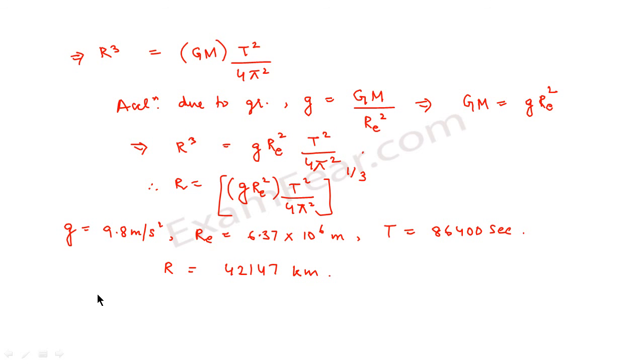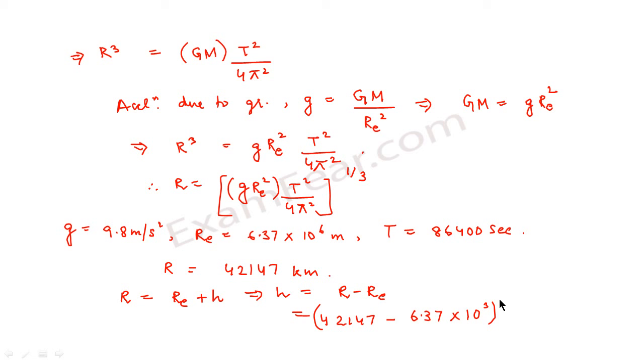Now in the previous slide we already showed that r is nothing but radius of the earth plus height of the satellite from the surface of the earth. So from this we get h is equal to r minus re. So r is the orbital radius which is 42147. Re is radius of the earth which is 6.37 into 10 to the power 3.